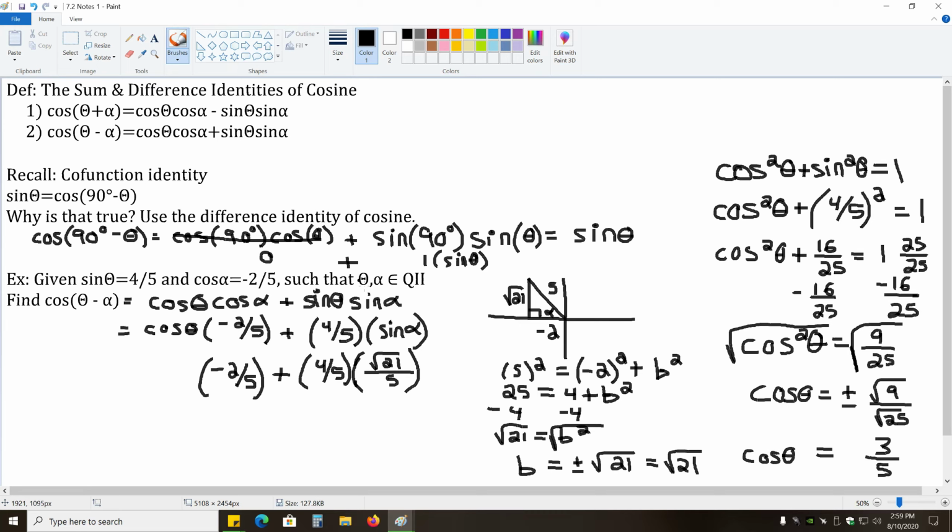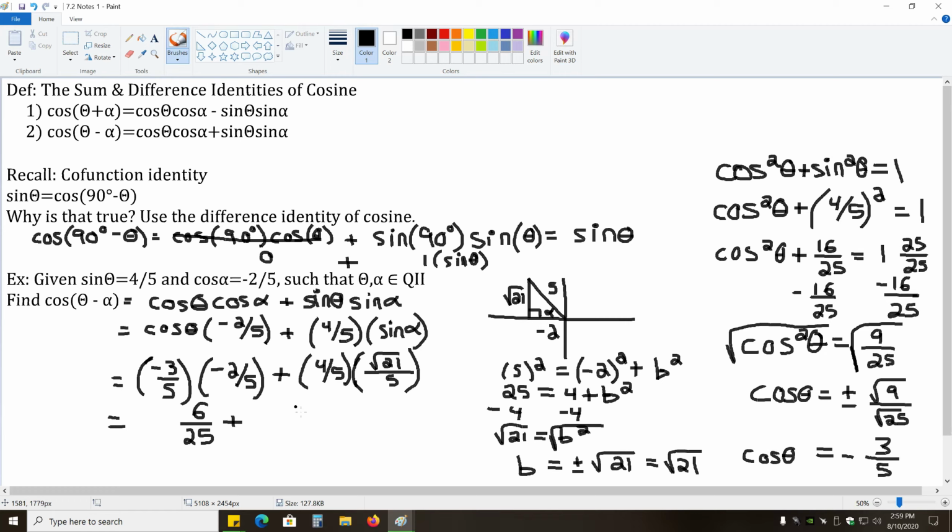Well, because theta's in quadrant 2, that means cosine has to be negative. Let me go ahead and rewrite that. There you go. So we can plug that in for cosine of theta here. Negative 3/5. And now it's just a matter of simplifying. Negative 3 times negative 2 gives us positive 6 over 5 times 5 is 25.